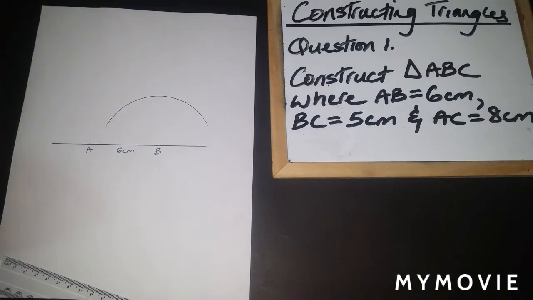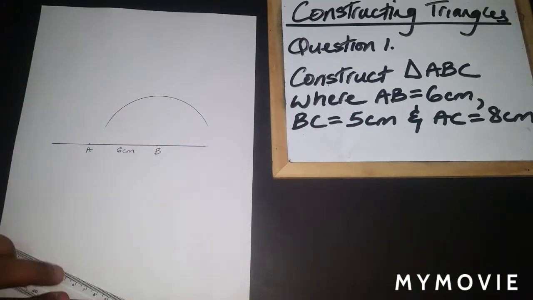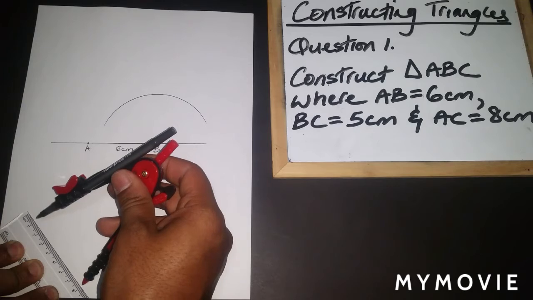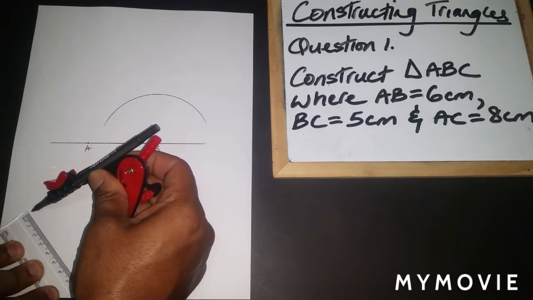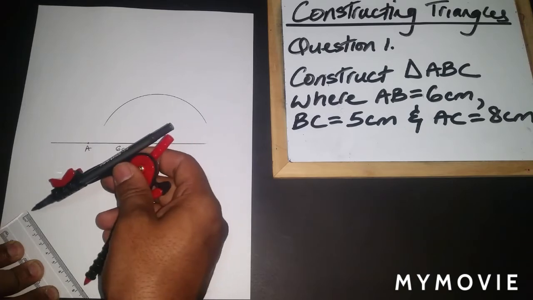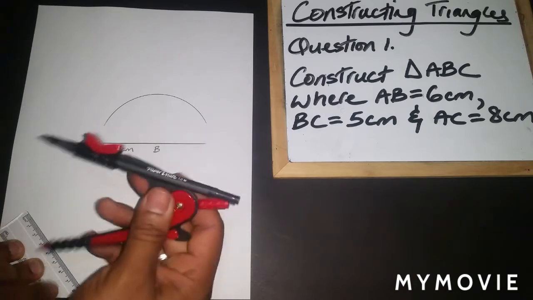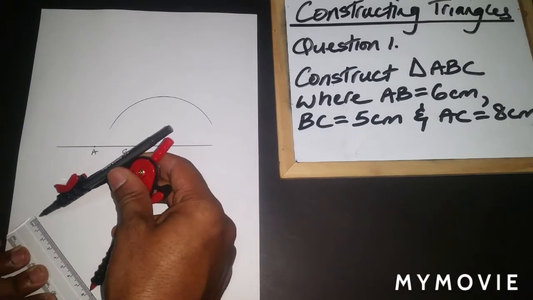Okay. Now, it says AC is 8 centimeters. So what we want to do is, using the compass again, measure 8 centimeters on the ruler. And just for emphasis again, I'm just using a pen because I want you guys to see clearly the construction, especially the arcs. But of course, you're going to be using a pencil.